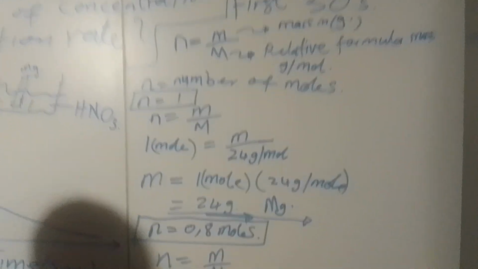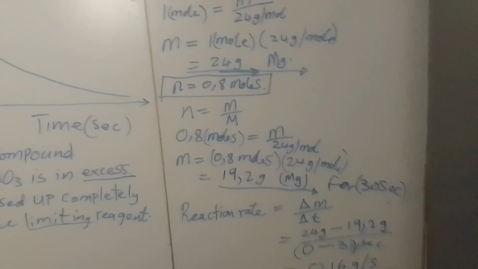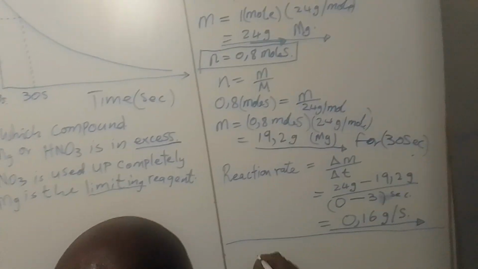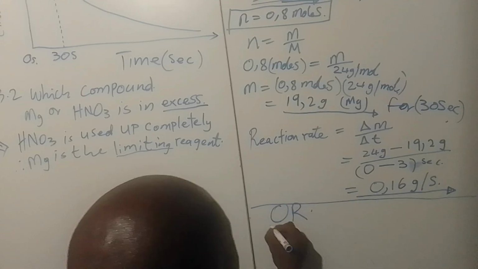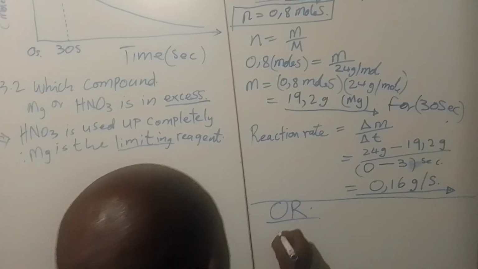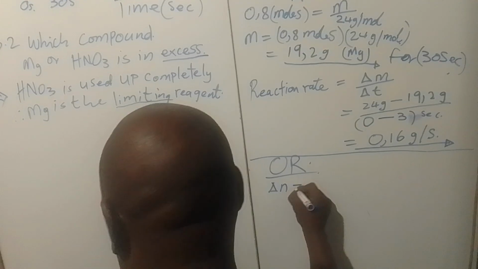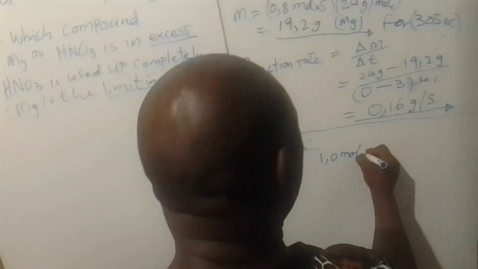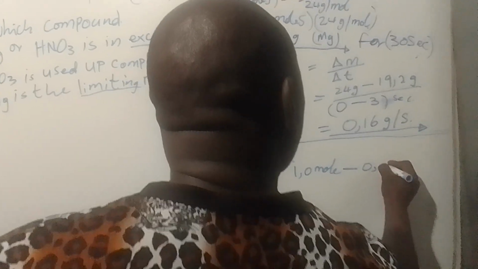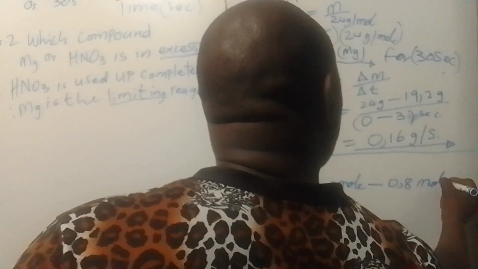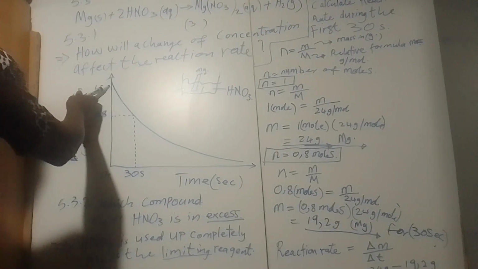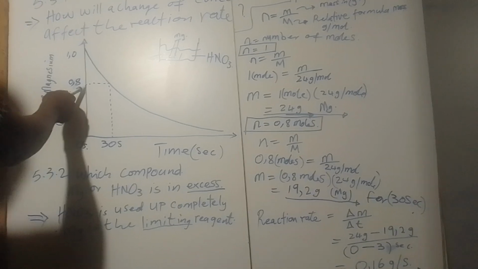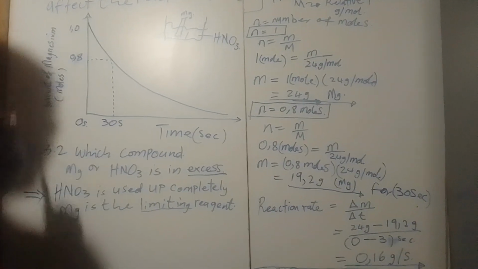Someone can say, how about you use it differently? You can say the change in number of moles is equal to, it was 1 mole, subtract 0.8 moles. We started at 1 mole, coming to 0.8 moles.